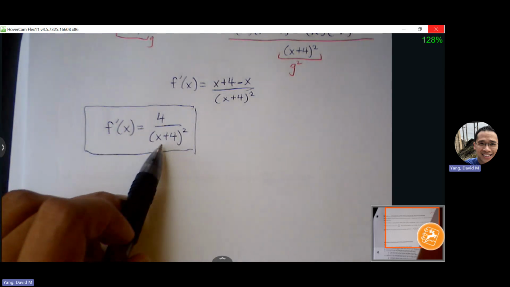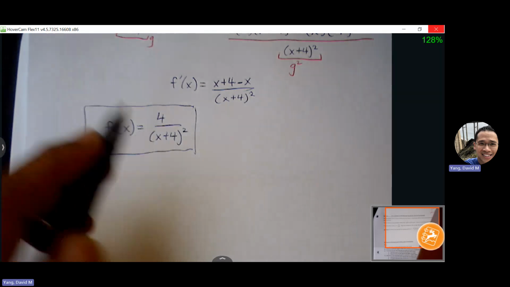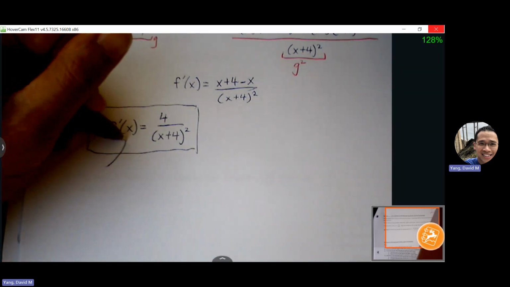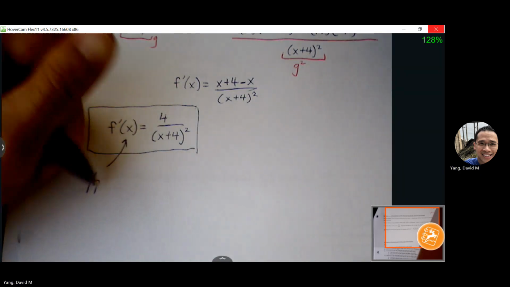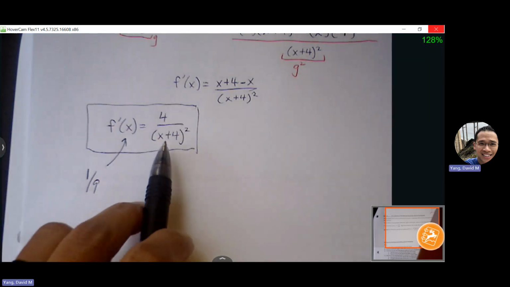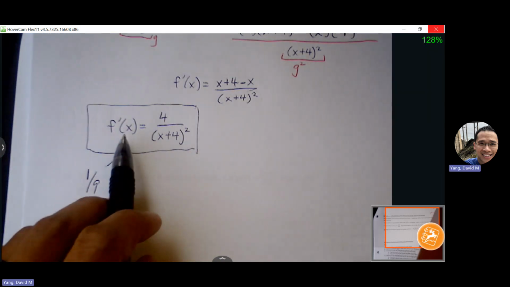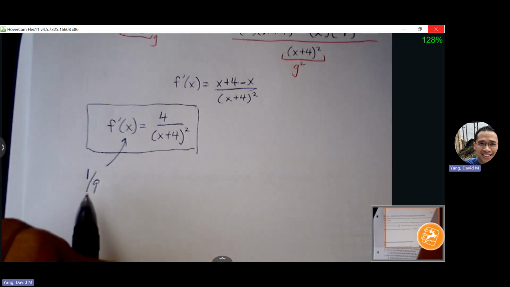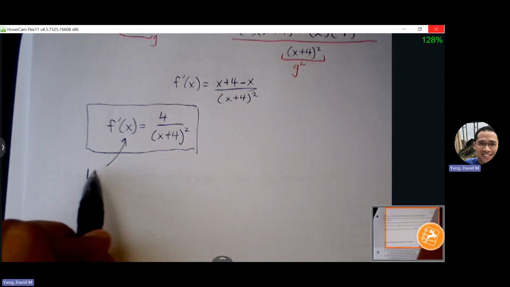I can't put 1/9 in for x. That's a mismatch, right? 1/9 is not location. 1/9 is a slope. So we can ask the derivative: I can give it a point and ask for the slope, but I can also go the other way around, ask for the point given the slope.